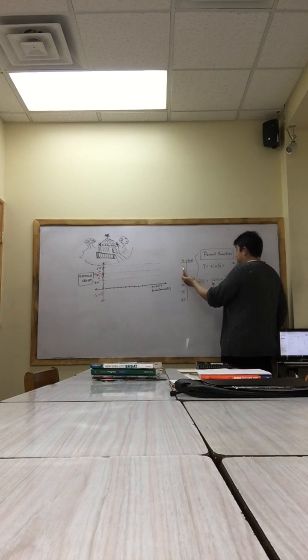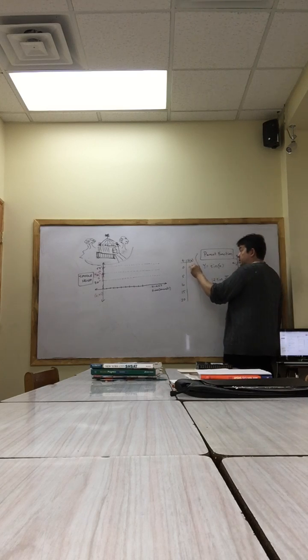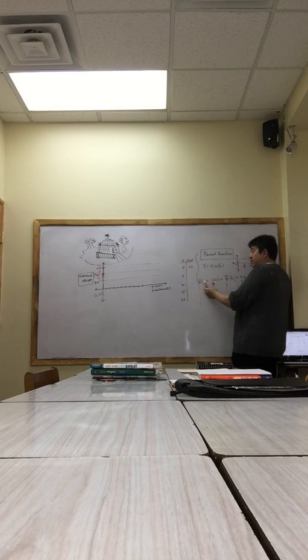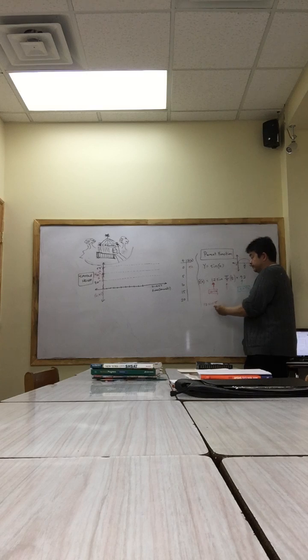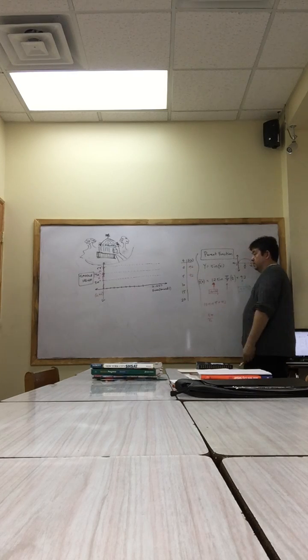So here we go. If I plug in 0, it'll be 12 times 0 plus 42, so it'll be 42. If I plug in 5, now I have 12 times sine of 5 pi over 5, which is sine of pi, and sine of pi is 0, so I'll be back at 42.